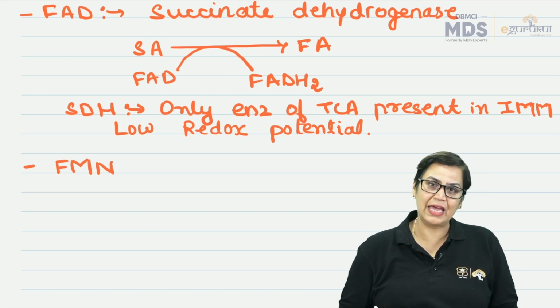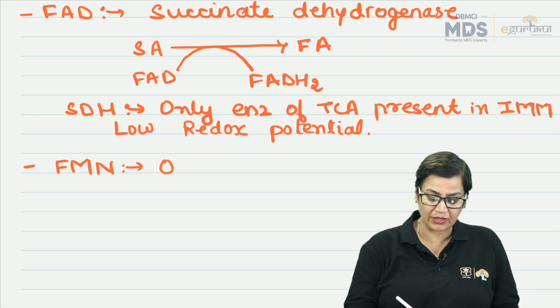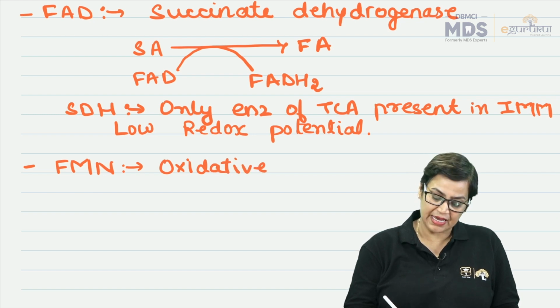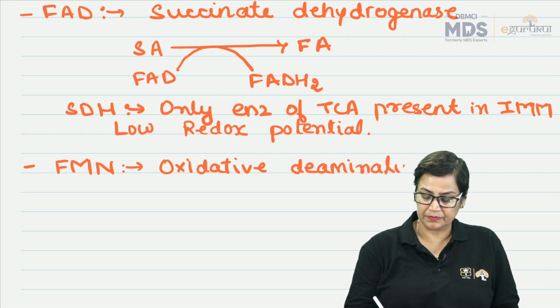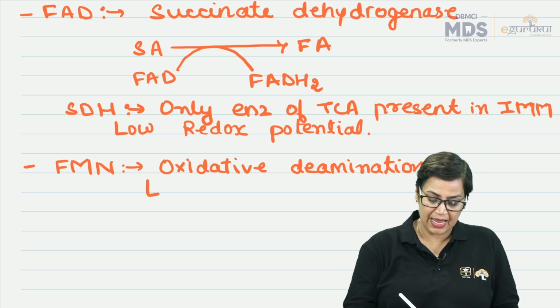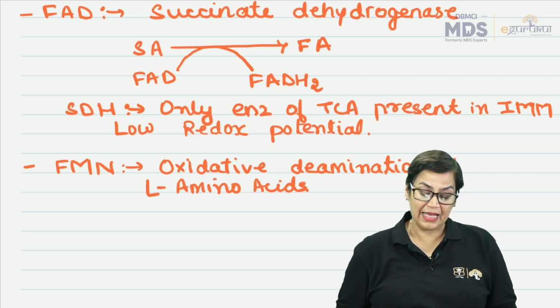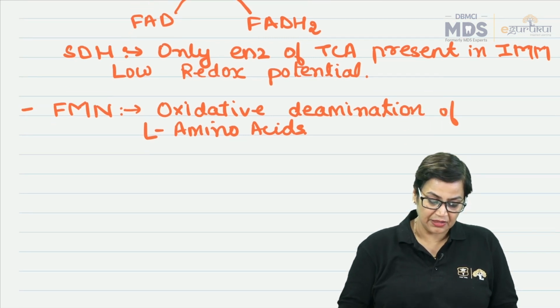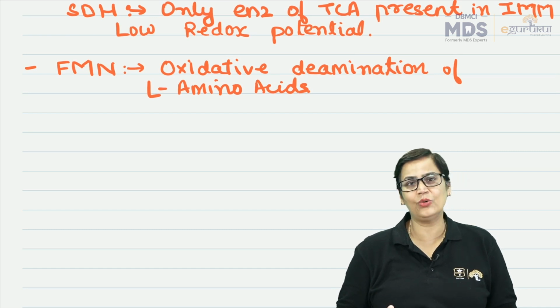Now, if we talk about FMN, this is the most important enzyme of oxidative deamination of L-amino acids. And this is in fact the most important reaction in which FMN is acting as a coenzyme.